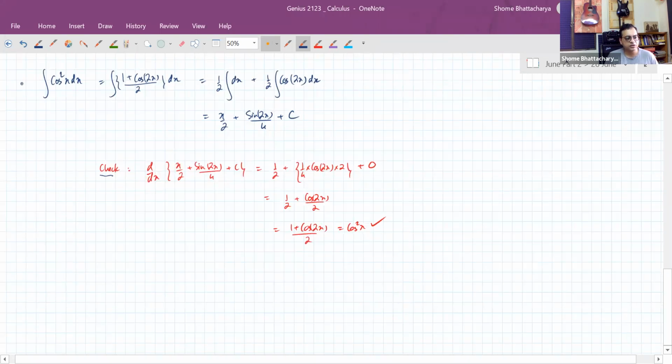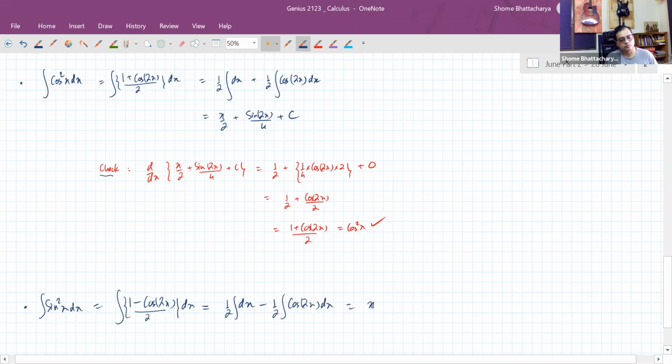Likewise, you can see that the integration of sine square x is a very similar process, but sine square x is 1 minus cos 2x by 2.